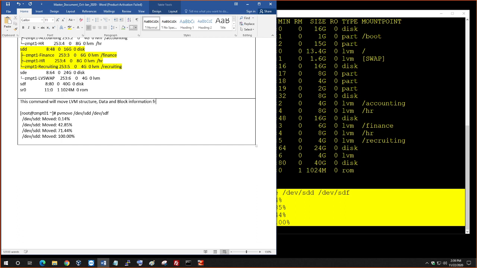So it's literally doing the clone here from /dev/SDD to /dev/SDF. Okay, so it's like cloning.